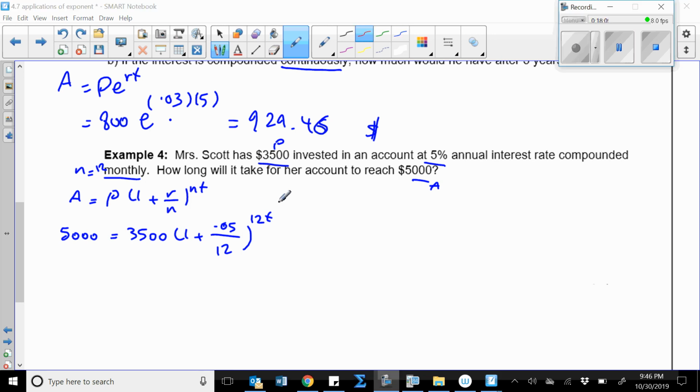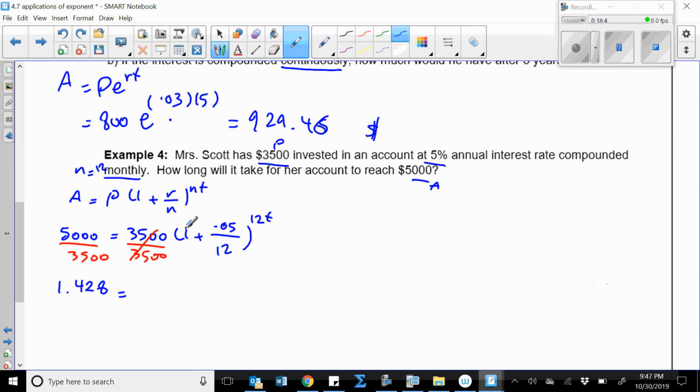To solve for t, first of all, let's get this exponential part by itself. So I'm going to divide both sides by 3,500, and 5,000 divided by 3,500 will be equal to 1.428.